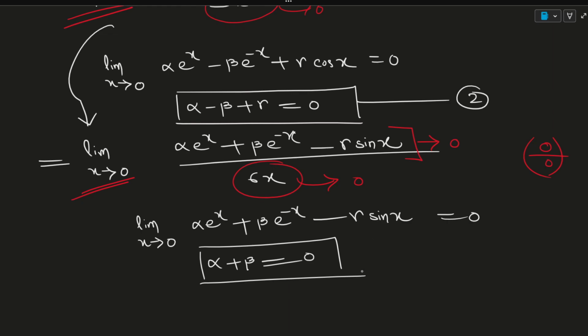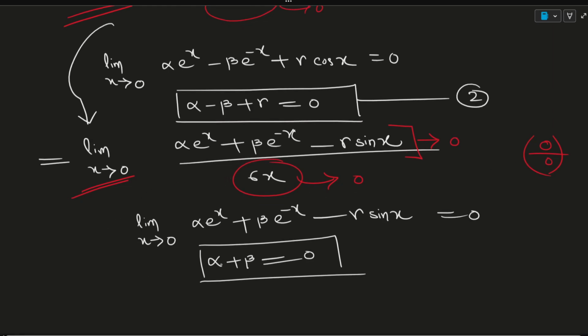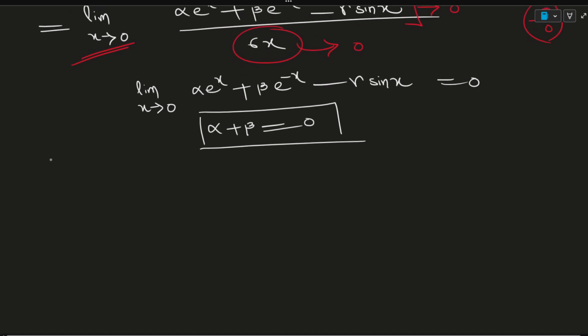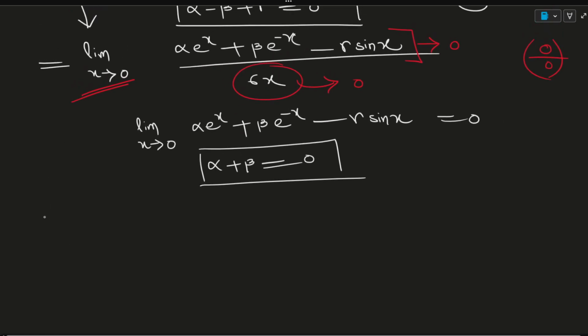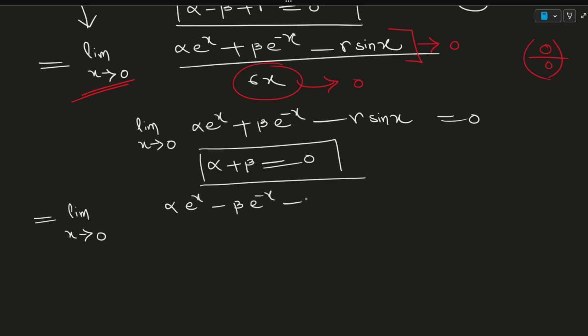We have already received this relation, so I'm not counting this equation as a separate one. So as it is in 0 by 0 form, I am going to apply the L'Hospital rule again. So it will be alpha e to the power x, divided by 6.